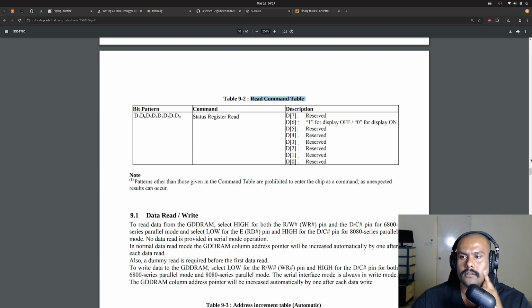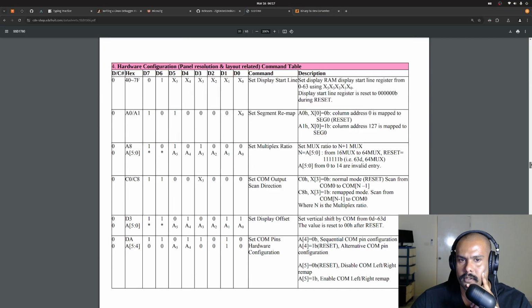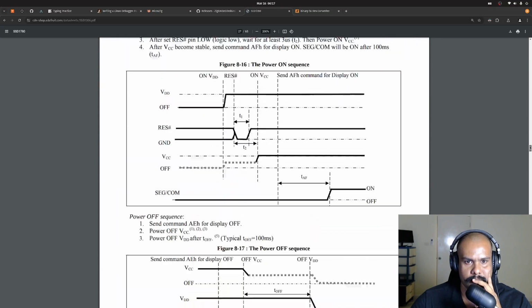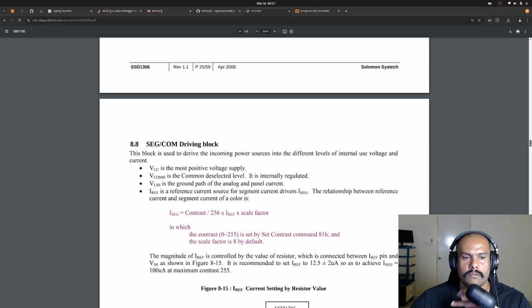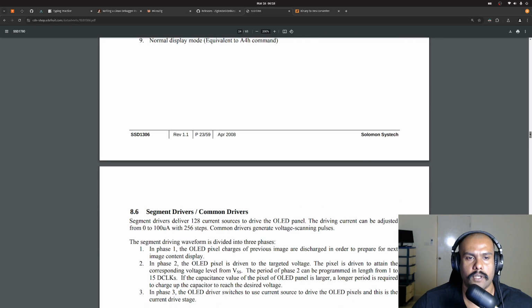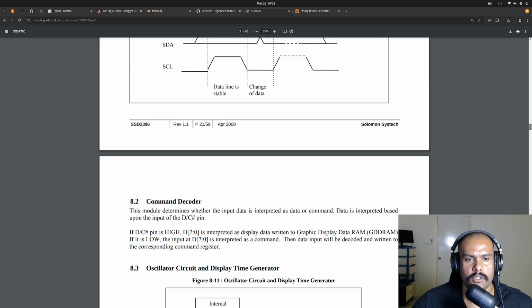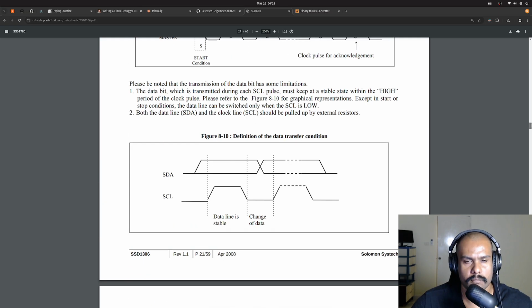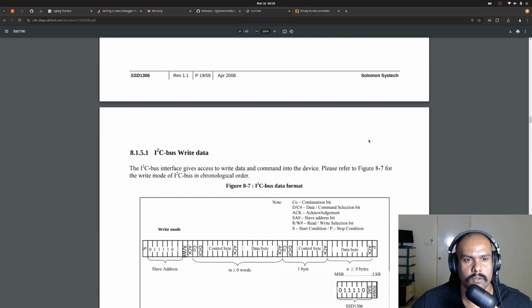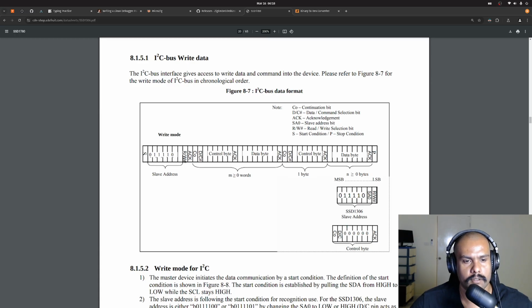If I go back, so the ones that I saw now are to write commands into the display, and if I want to read from the display, I think I go to set read write. Okay, so hang on. 2, 3, 4, 5, 6, 7.